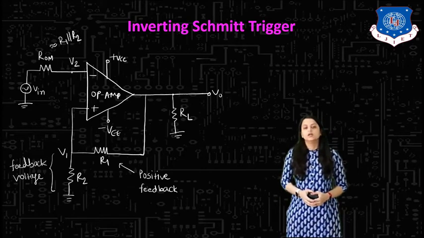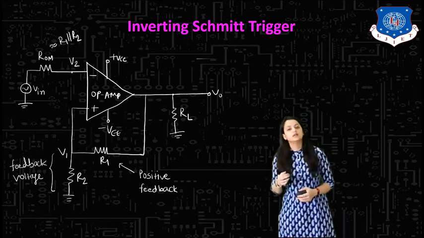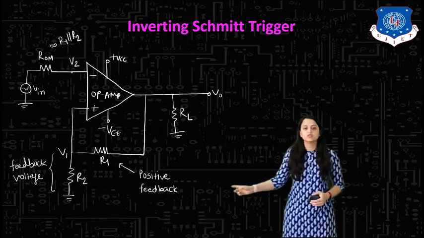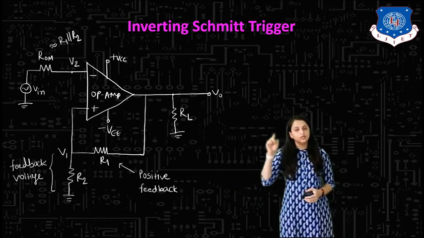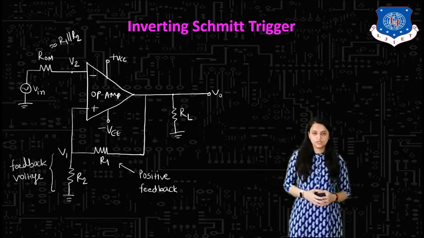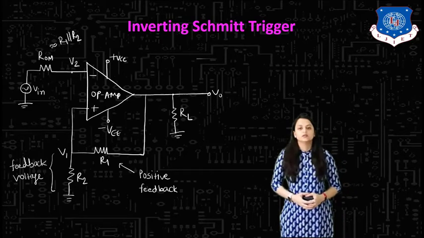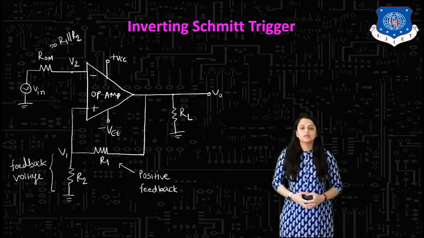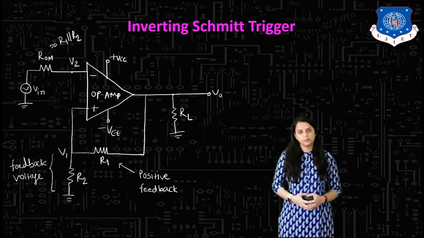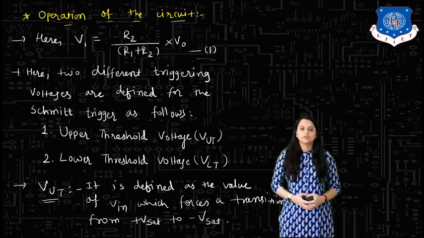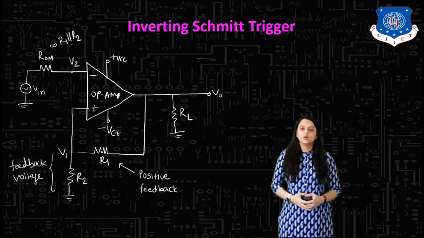As this is a regenerative comparator, positive feedback is used. As you can see, the feedback is taken to the positive terminal. This is the circuit diagram of the inverting Schmitt trigger. Feedback is positive and the input is given to the inverting terminal. Clear? Here RL is the load resistance.